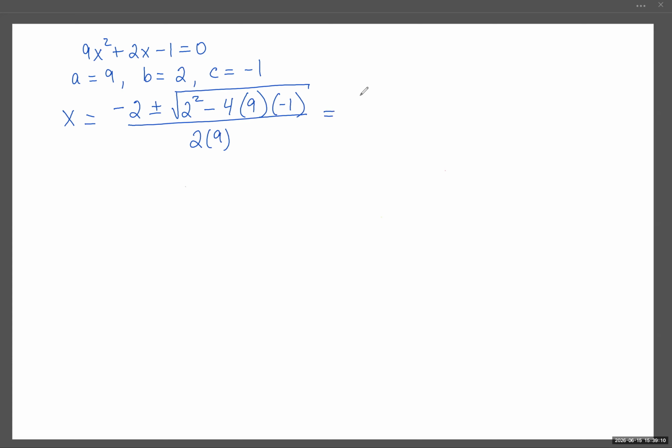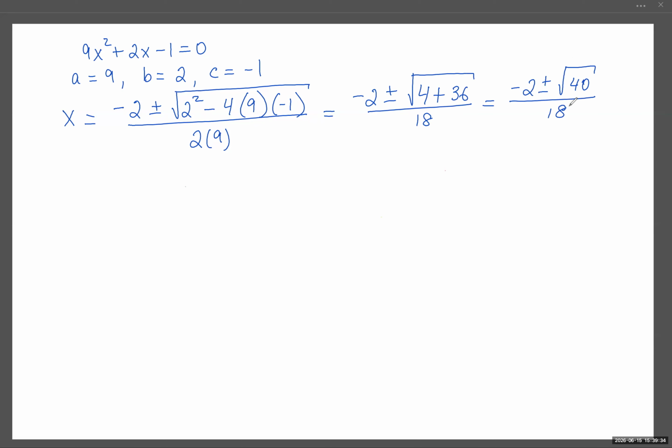Go ahead and simplify a little bit. -2 plus or minus square root. So 2 squared is 4. There is a double negative inside, so that is plus, and 4 times 9 is 36, divided by 18. So this is -2 plus or minus the square root of 40 divided by 18.